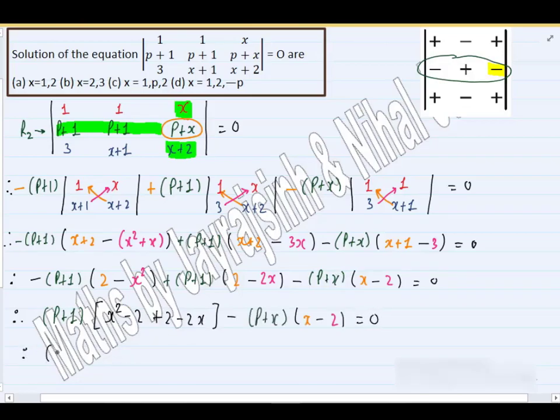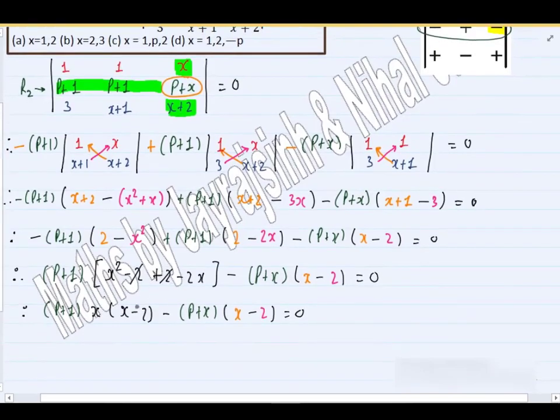Okay, now here we get p plus 1 as it is. 2 will cancel out and we can take x common from the bracket. So x minus 2, minus the second term, still as it is. Now as you can see, we can take x minus 2 common from these two terms, right? So here we'll get x minus 2 and let's multiply x within the bracket.